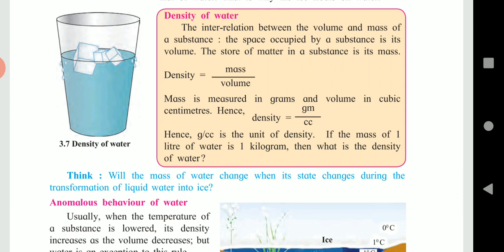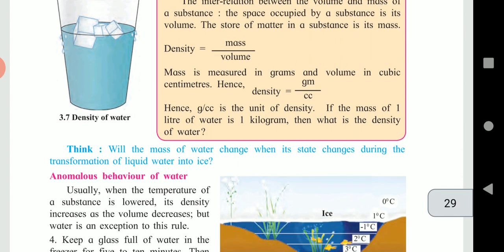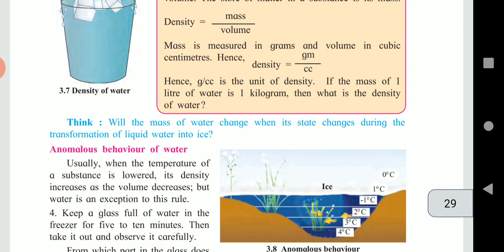And again do the conversion of 1 liter into cubic centimeter. 1 liter is equal to how many cubic centimeter? That is 1000 cubic centimeter. You have to write 1 liter is equal to 1000 cc, which is the short form of cubic centimeter.